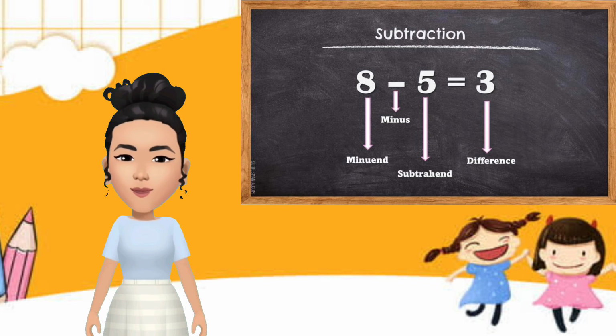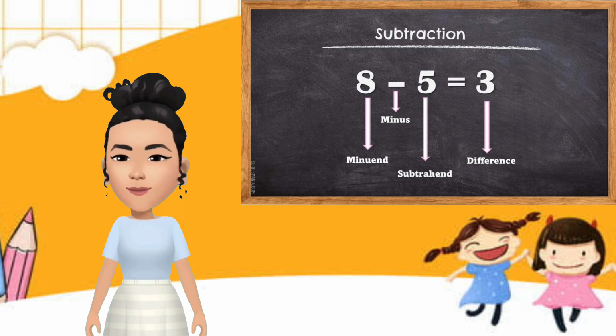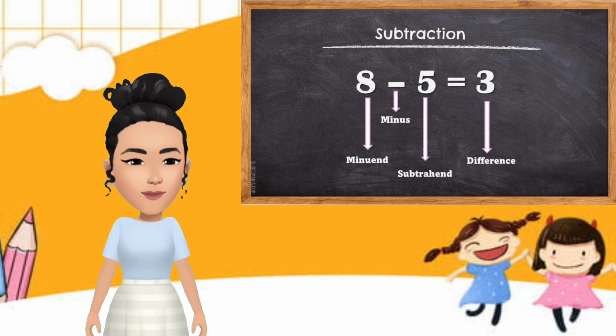The number 5 is called the subtrahend or the number that is taken away. Okay, and now we get the answer. For subtraction, the answer is called the difference. And in this example, the difference is the number 3.